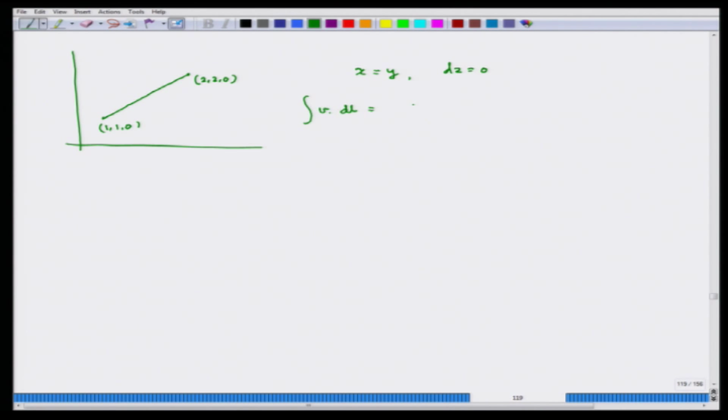will have, basically I can put dx equal to dy here. So, in this case my v dot dl, I will put y square dx, dz is 0, plus the next part 2x y plus 1, and I will put the value here as dy, but dy is equal to dx because x is equal to y.